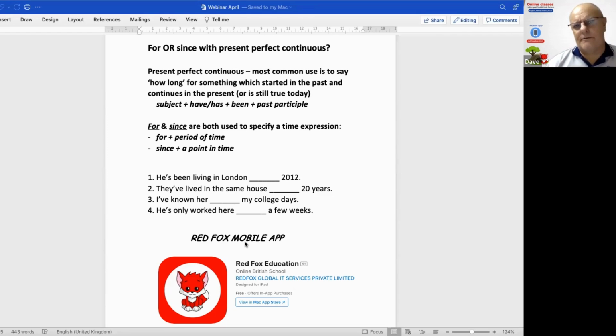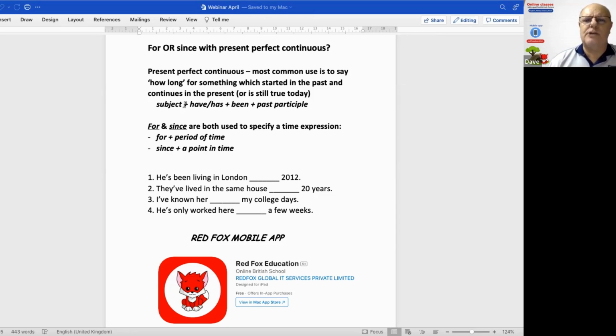This is a B1 grammar point. Where we have a period of time, we put "for" before that, and we use "since" with a point in time. Okay, so here's our structure for present perfect continuous.